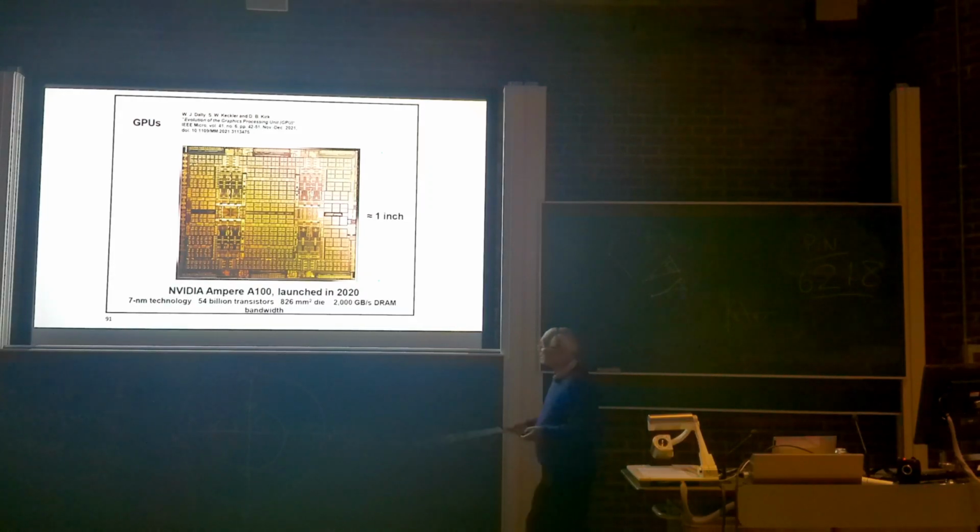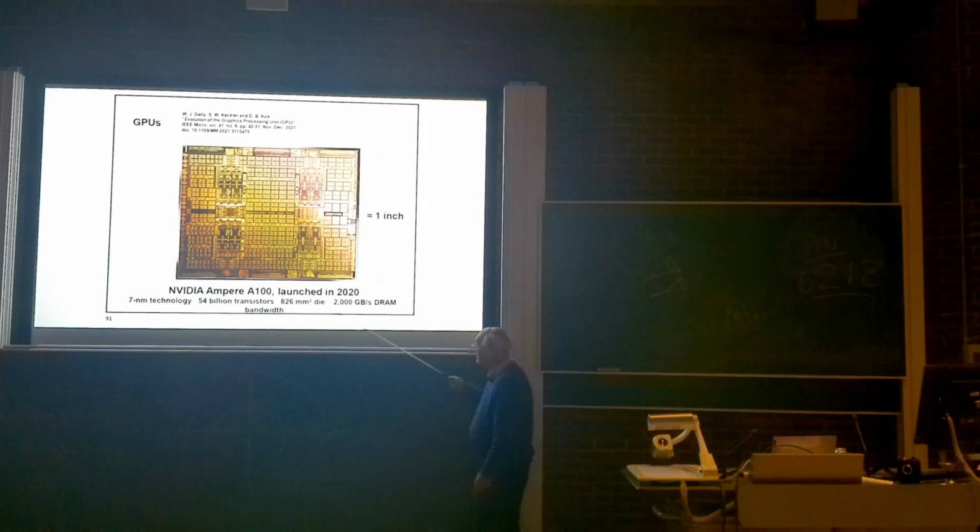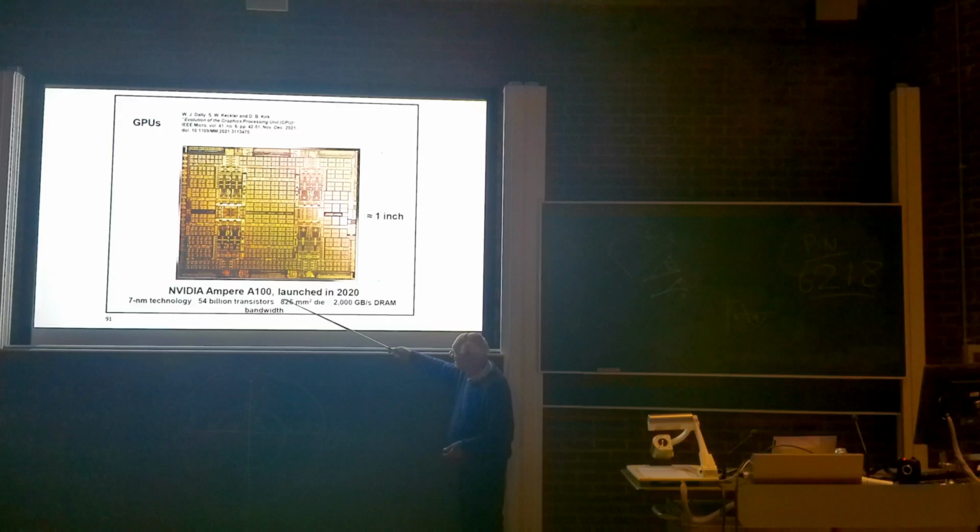So this, for example, is what you can do, though. This is 7 nanometer technology, 54 billion transistors there. Launched in 2020. The size of the die, that means the actual chip that you chop out, is quite big, 8.26 millimeters squared.